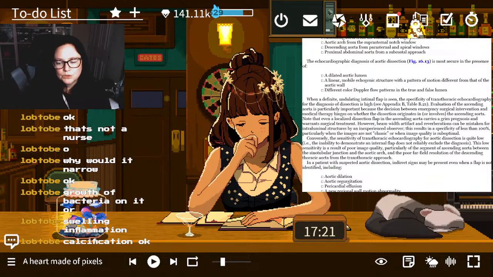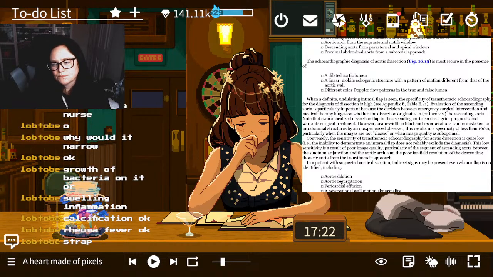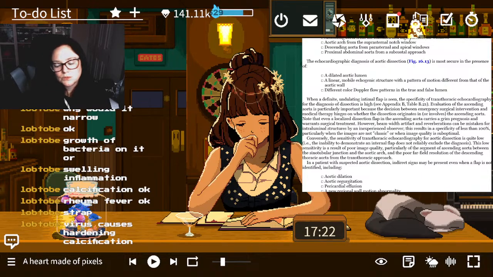That can happen to all of the valves in your heart. But there's been a huge increase in young people having problems with their hearts because of COVID, because it can destroy your heart.